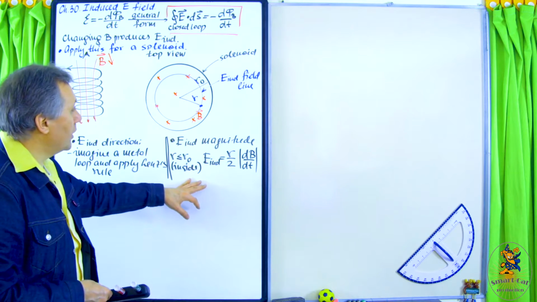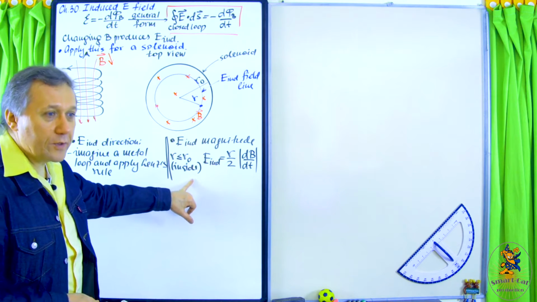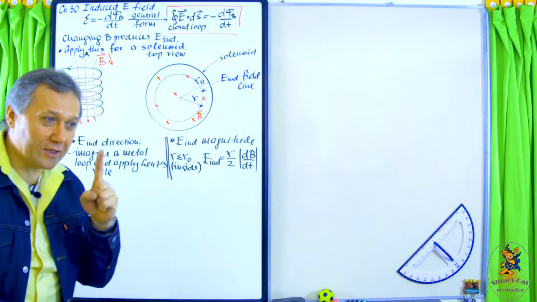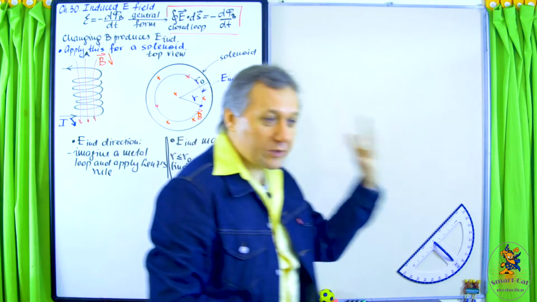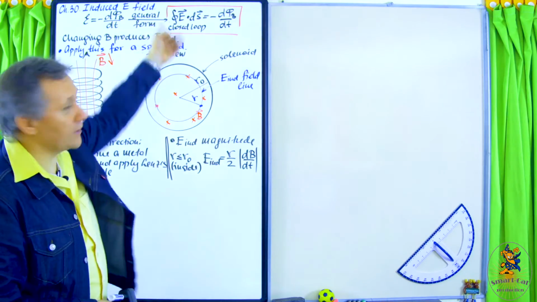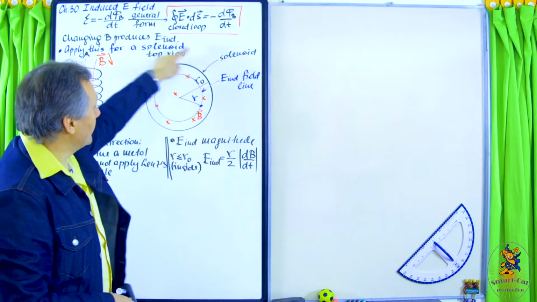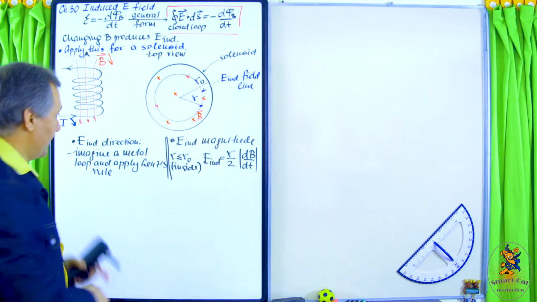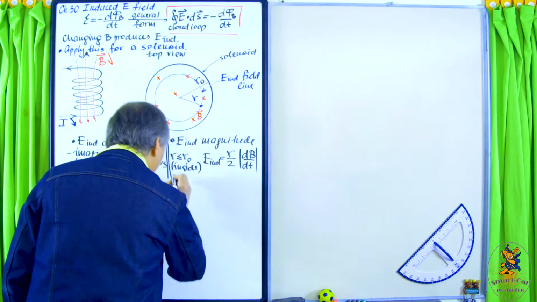But of course, we can also write down the expression for the induced electric field outside of the solenoid. The induced electric field will be non-zero even outside of the solenoid. Again, it can be shown mathematically using this law and integrating it over the circle outside of the solenoid. Let me write it down.